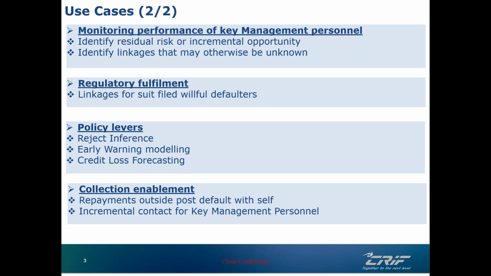You also look for incremental contact information for key management personnel, because in SME collections, if you reach out to a phone number of the company, it is unlikely that you will get anything. You need to know who are the key management personnel who are today running that company. Where are they contactable?